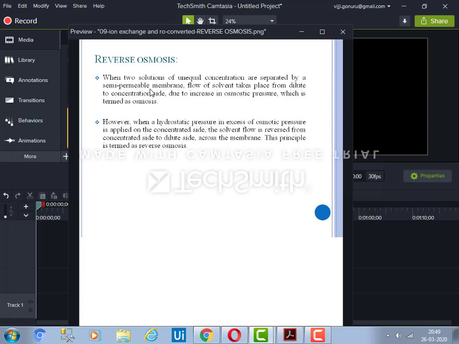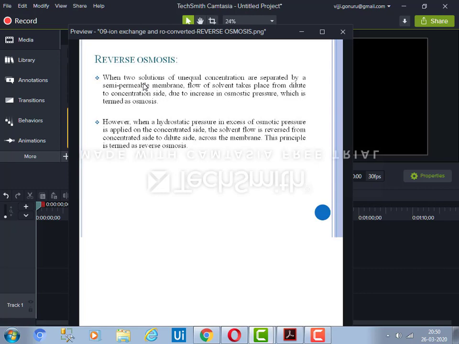Now let us see what is meant by osmosis and reverse osmosis. When two solutions of unequal concentrations are separated by a semi-permeable membrane, flow of solvent particles takes place from the dilute to the concentrated side due to osmotic pressure, which is termed osmosis.